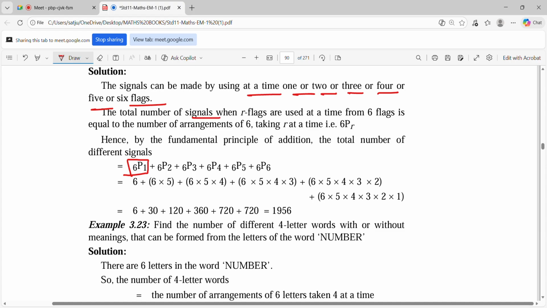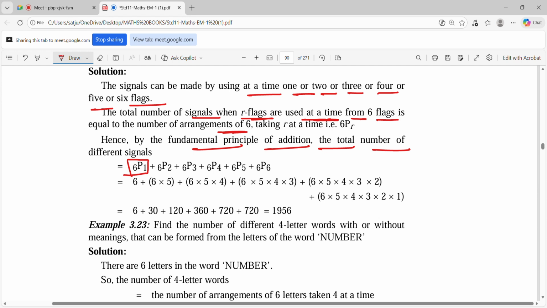The total number of signals when r flags are used at a time from 6 flags is equal to the number of arrangements. Here the question says minimum 1. So therefore 6P1 plus 6P2, 6P3, 6P4, 6P5, 6P6, right? These are all possible.